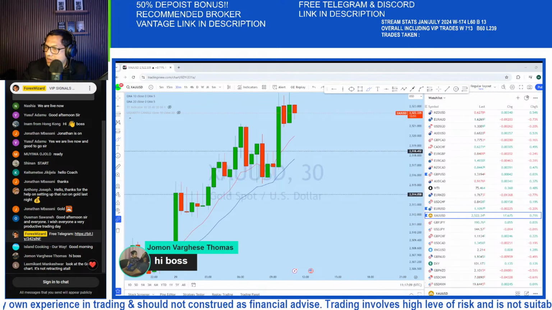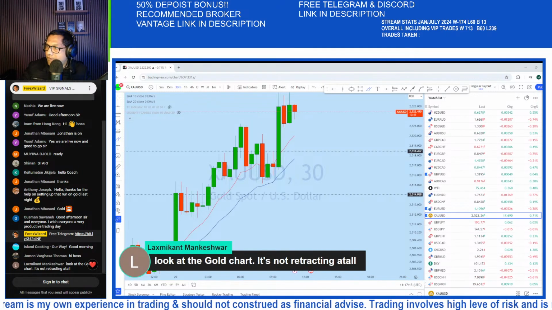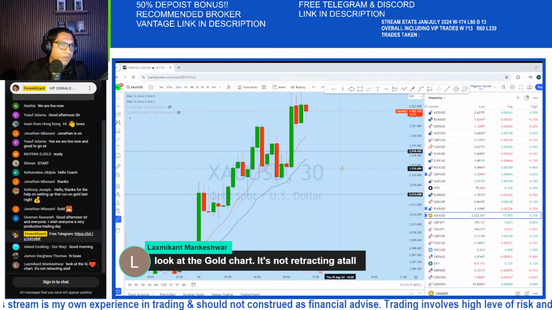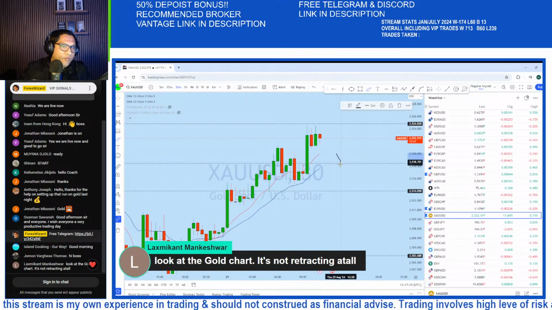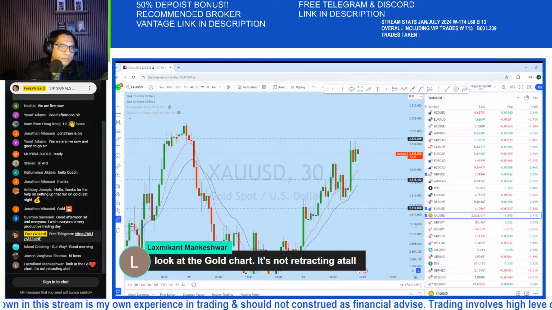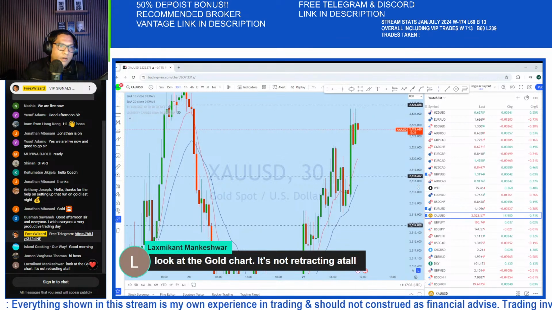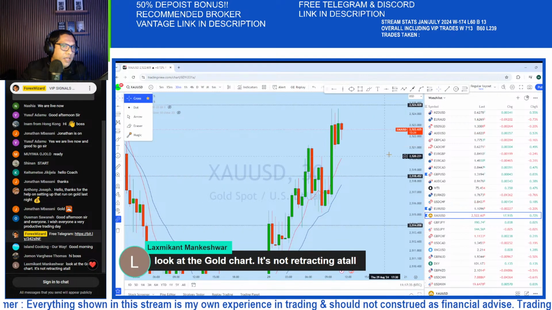Look at the gold chart, it's not retracing at all. Okay, so on the gold chart, we will be waiting for a deeper pullback, and then we can look for that potential entry. Let's see how much it might hit.